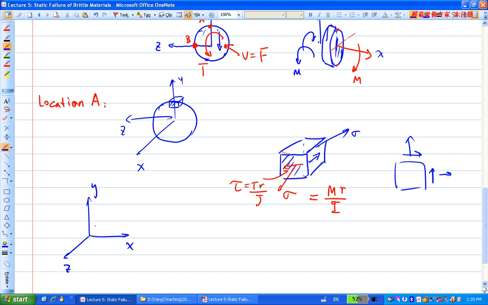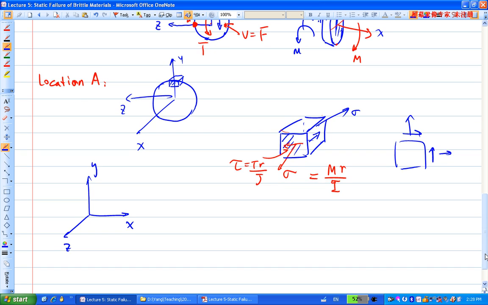When you rotate this system, these elements will also be rotated slightly, and I draw that same stress element here. So guess what? This side is actually this side here. So basically, I have a sigma.